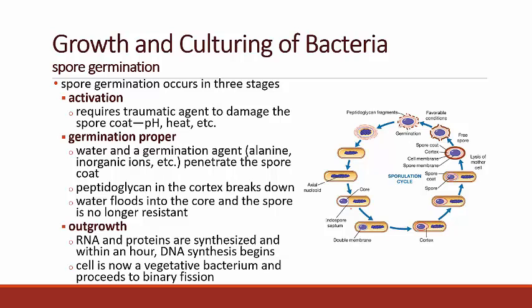And so it starts to make a new chromosome, and binary fission will proceed. So, 3 steps of germination: activation, germination proper, and then finally outgrowth and binary fission that tells us that the colony of bacteria will be growing again now.